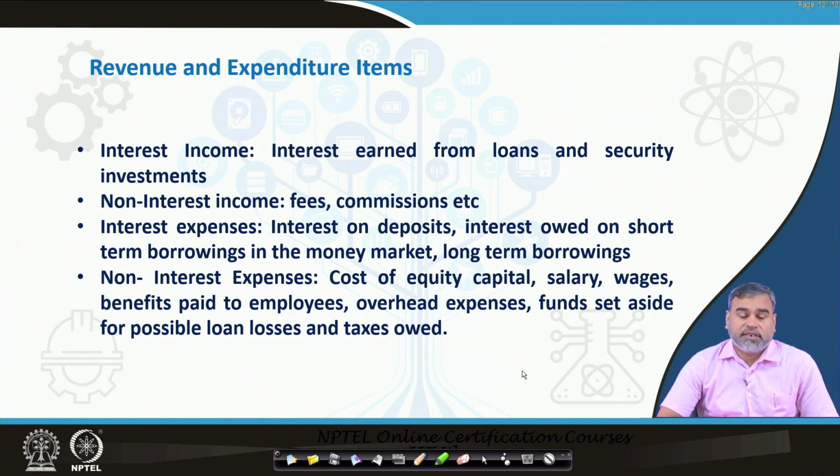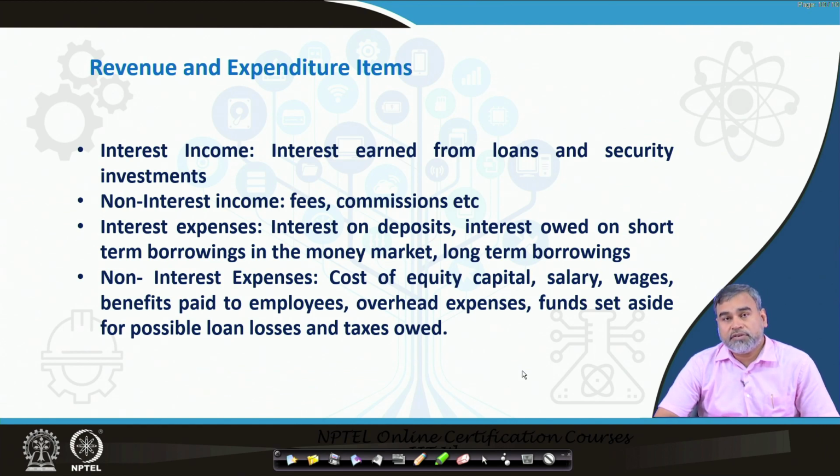And what are the interest expenses? The major thing is interest paid on deposits, and the interest owed on short term borrowings from the money market. If some banks have borrowed money from the money market, they have to pay interest to the bank from which they borrowed, and also on the long term borrowings they have made. So, these are the different parts of the interest expenses. And what are the non-interest expenses?